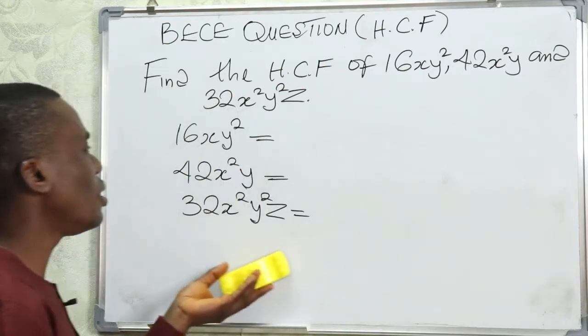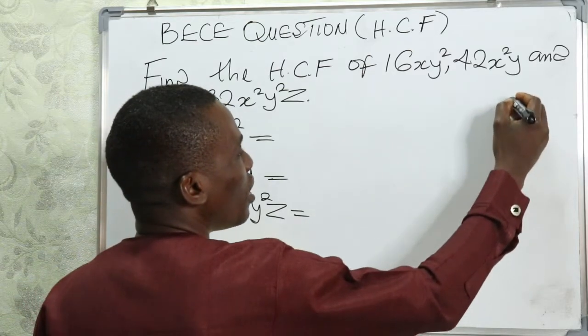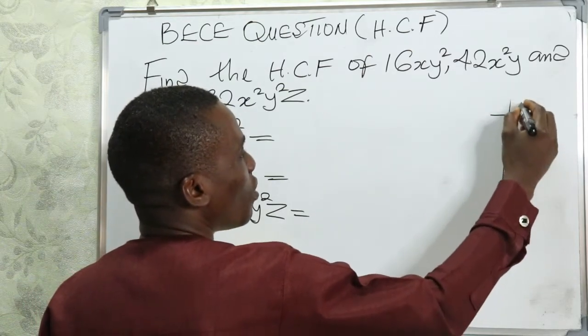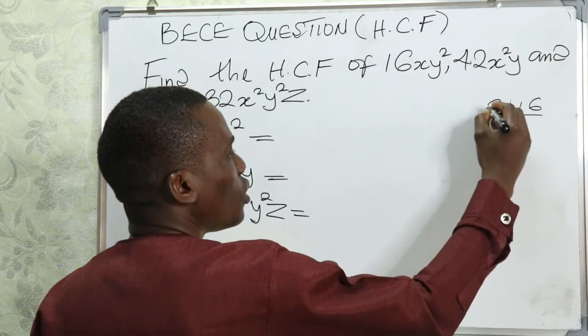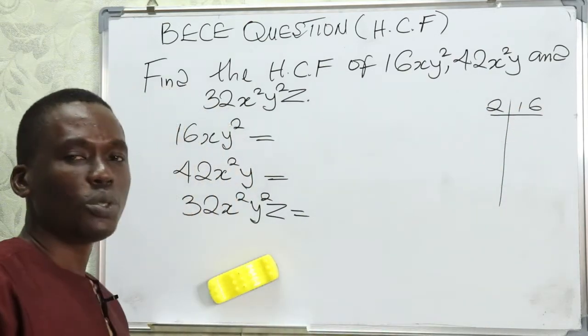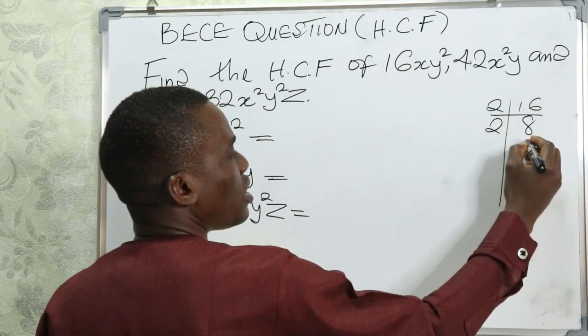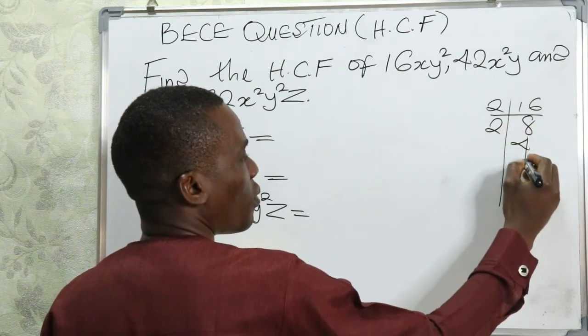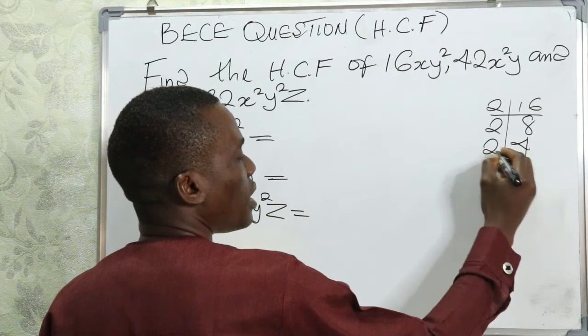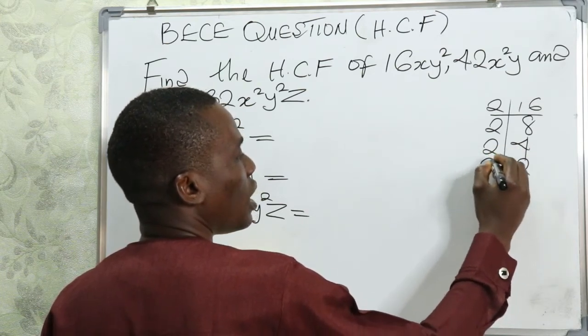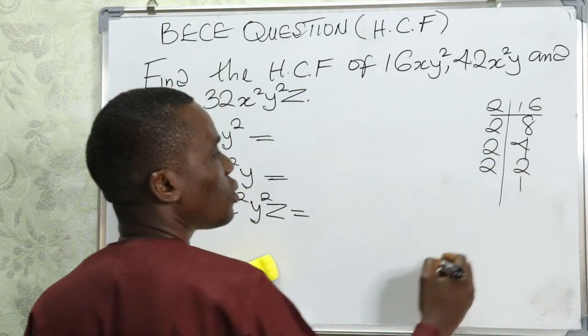So the first thing we are going to do is to look for the factors of 16. 16 divided by 2 will give us 8. 8 divided by 2 will give us 4, right? 4 divided by 2 will give us 2, and 2 divided by 2 will give us 1.